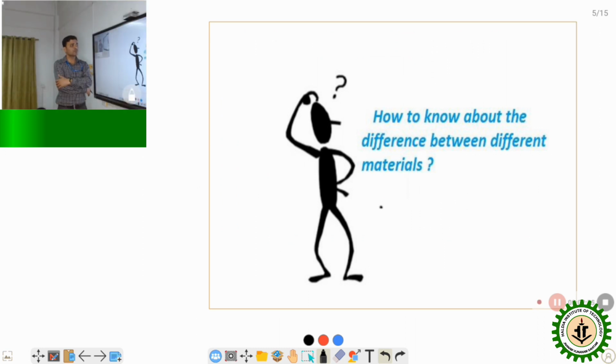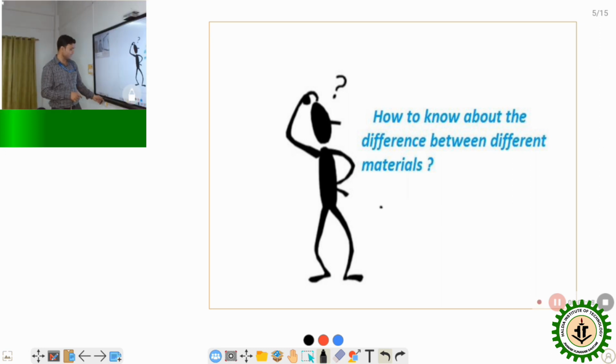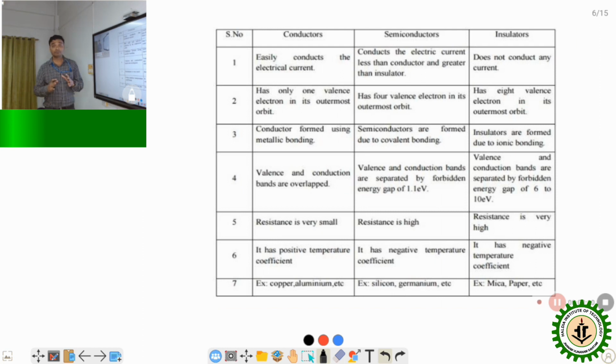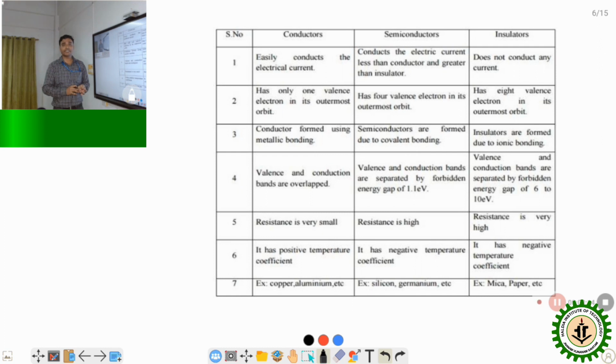So this is the basic concept of the valence band and conduction band. How can we differentiate between different materials such as metal, semiconductor and insulator? On which properties do they differ? A few things: resistivity, conductivity, band gap, and flow of current.